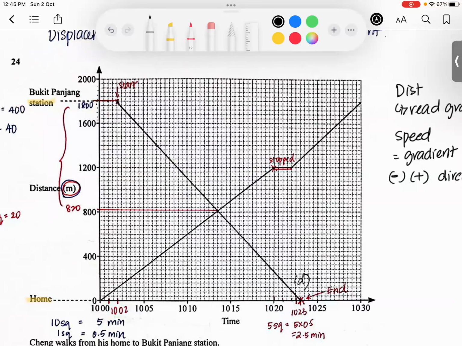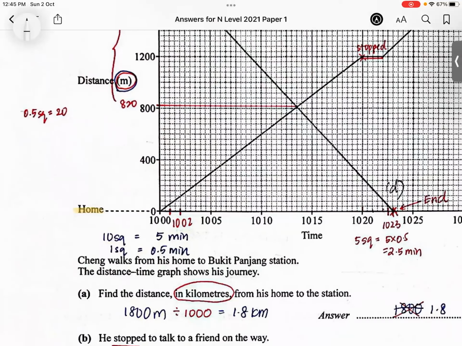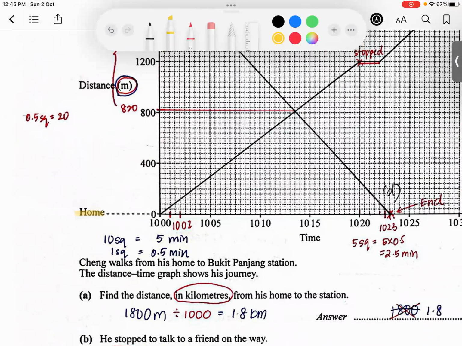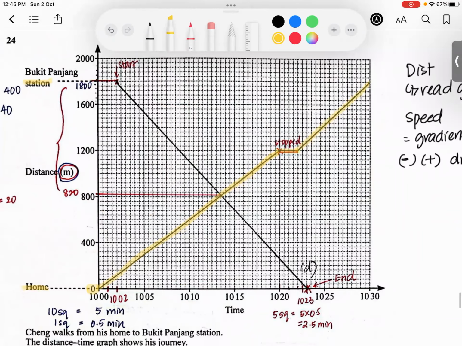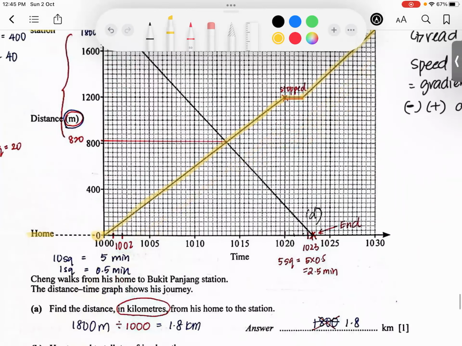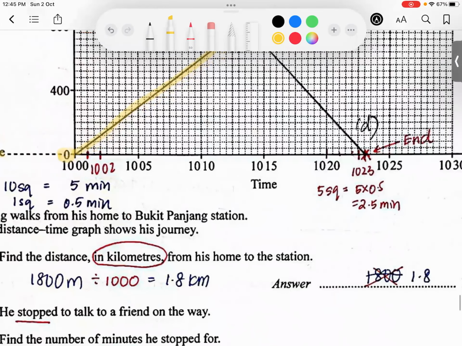Okay, so let's begin. Ching walks from his home to Bukit Panjang station. So starting from home, 0, to Bukit Panjang station. This one over here is for Ching. Then find the distance in kilometers from his home.